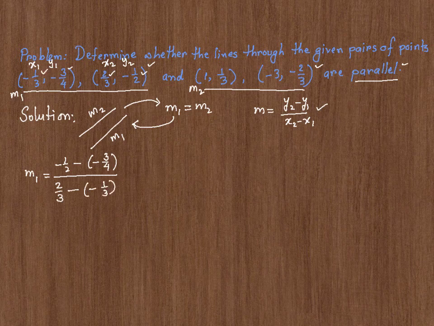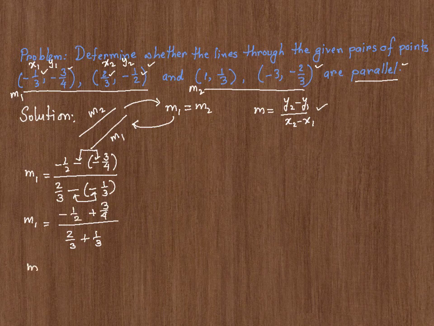Now I'm going to simplify it further. m1 is equal to, in the denominator I have 2/3 plus 1/3, which by the way is going to be 3/3, which is 1, because this negative and negative are going to make it positive if you multiply. Similarly, on the numerator, two negatives multiplied together is going to give me positive, so it's going to be positive 3/4, and then don't forget the minus 1/2.